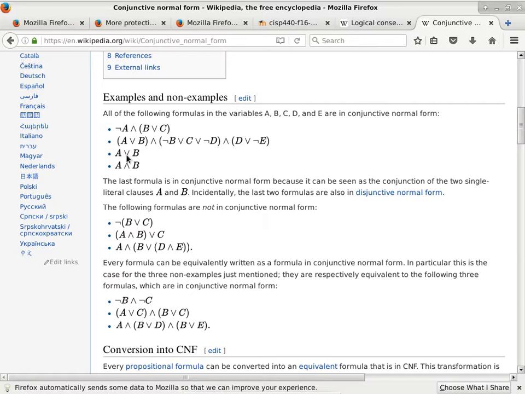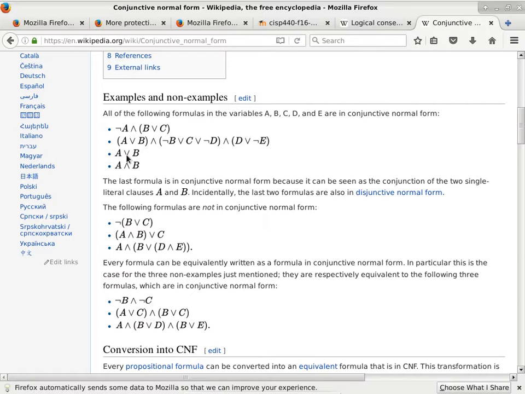So the next one would now be the disjunction of these two things is a CNF. I should say a disjunction. So any disjunction that only consists of variables and the negation of variables, that disjunction is a CNF.